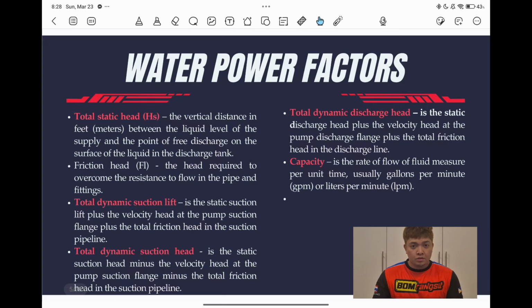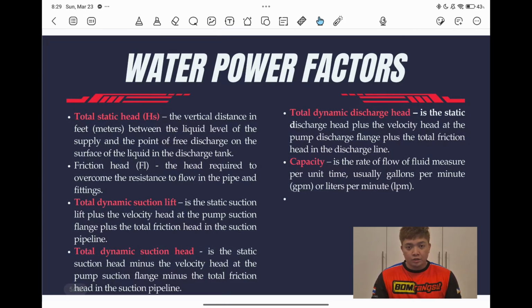Total dynamic suction lift is the static suction lift plus the velocity head at the pump suction flange plus the total friction head in the suction pipeline. Total dynamic suction head is the static suction head minus the velocity head of the pump suction flange minus the total friction head in the suction pipeline.